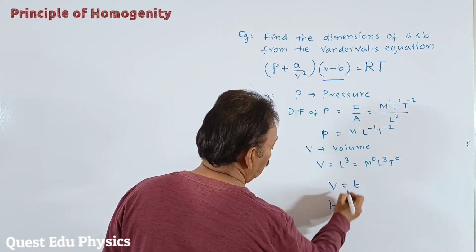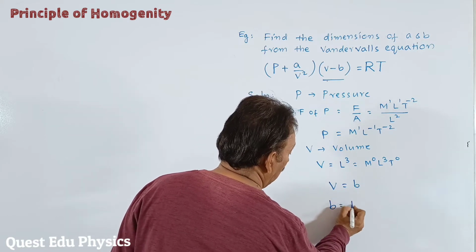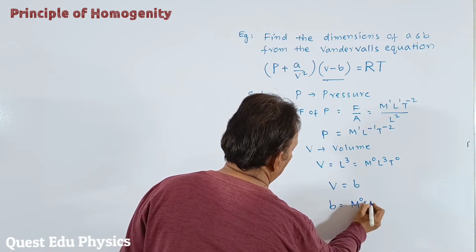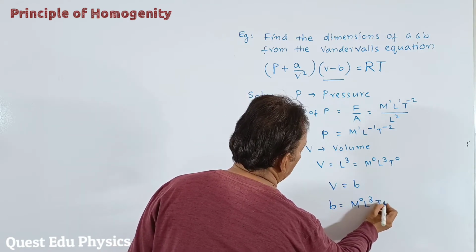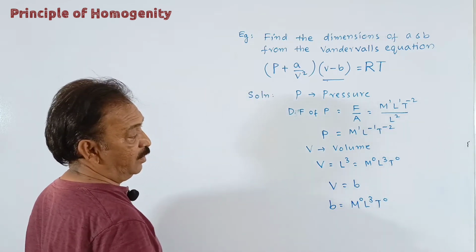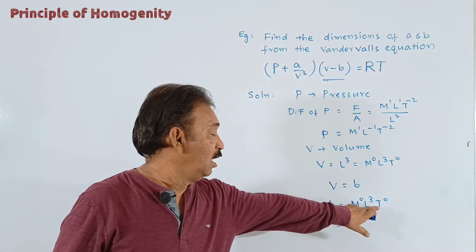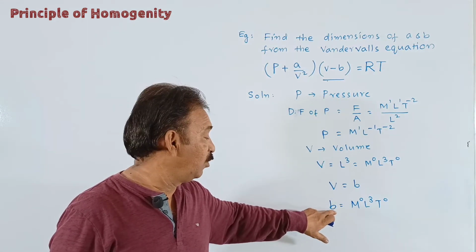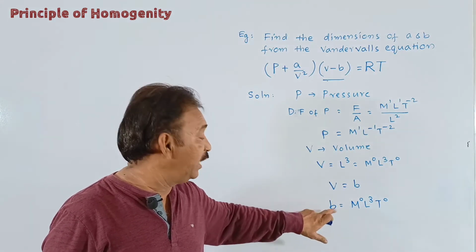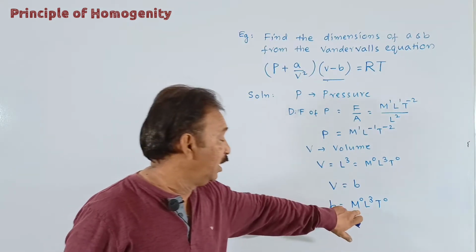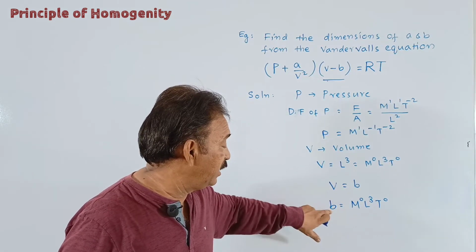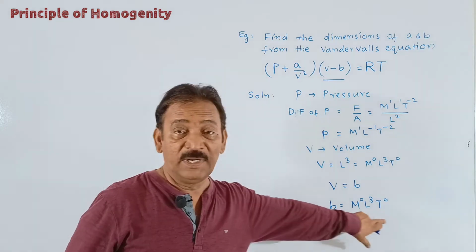V is equal to M0 L cube T0, students. We got the dimensions of B. It is the dimensional formula of B, and together it is the dimensional equation of B.